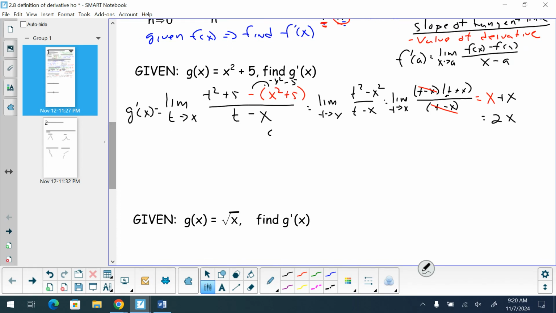So our g prime of x is equal to 2x, which now tells me if I want to find the slope of the tangent line at 0, slope of the tangent line at 0 would be 0. Slope of the tangent line at 1 would be 2. Slope of the tangent line at 2 would be 4. Slope of the tangent line at 3 would be 6. Because this general derivative, once again, I can refer this back to a slope and an f prime at a.